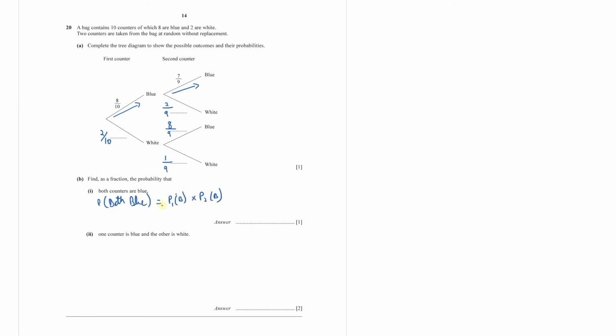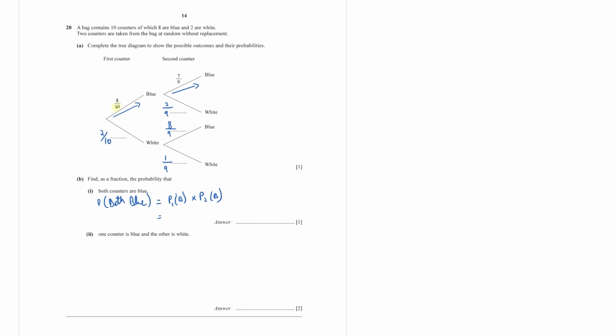P1 of B is getting a blue counter the first time, and P2 of B is the probability of getting a blue counter the second time.